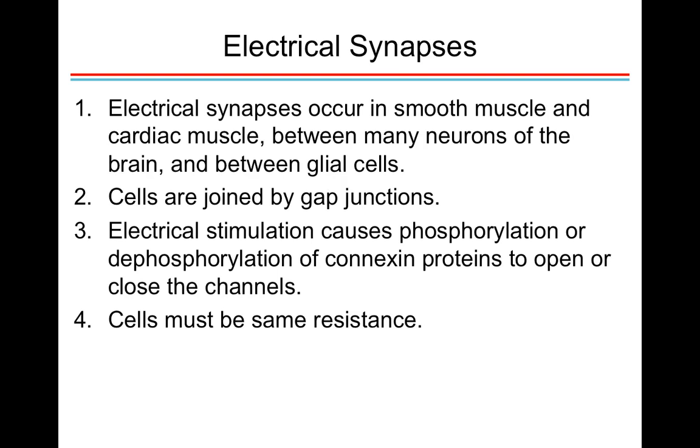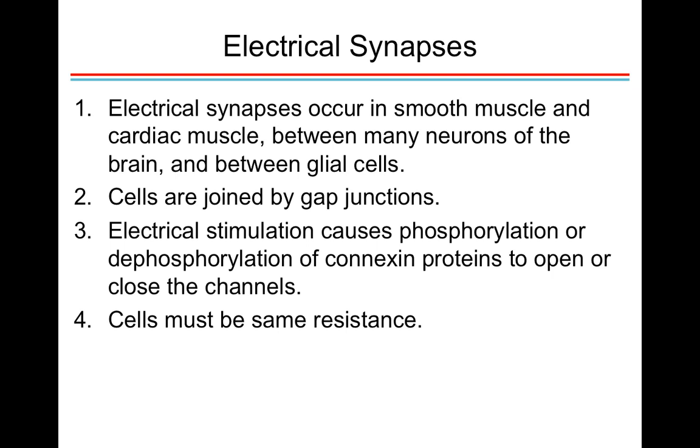One thing to talk about is electrical synapses, and I think I mentioned this in the previous lecture. Electrical synapses occur both in smooth muscle and cardiac muscle, and also in parts of the brain. These kinds of cells have gap junctions. What gap junctions allow is the electrical stimulation to pass from one cell to another in real time.